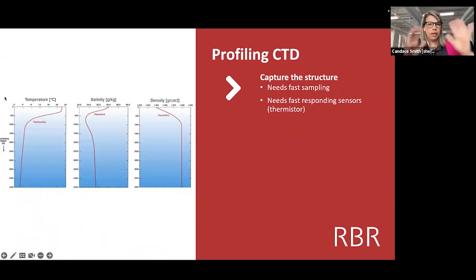So again, probably preaching to the choir here, this is a super simple example of a temperature profile, salinity profile, and a density profile. And here you can see the thermocline, the halocline, and the pycnocline.